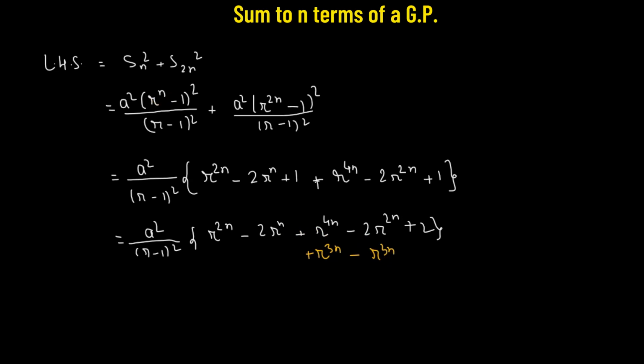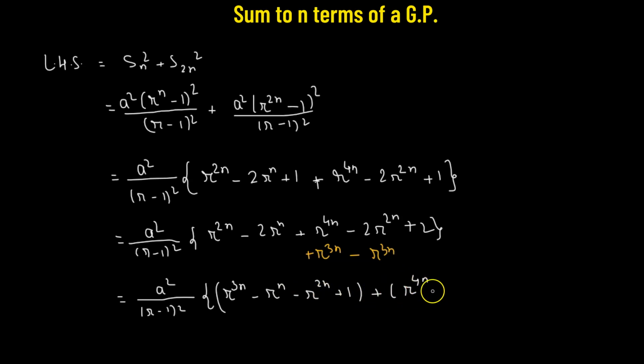So now we can rearrange the terms to get a squared divided by (r - 1) whole squared, multiplied by (r^(3n) - r^n - r^(2n) + 1), considered as a single term, added to (r^(4n) - r^n - r^(3n) + 1).